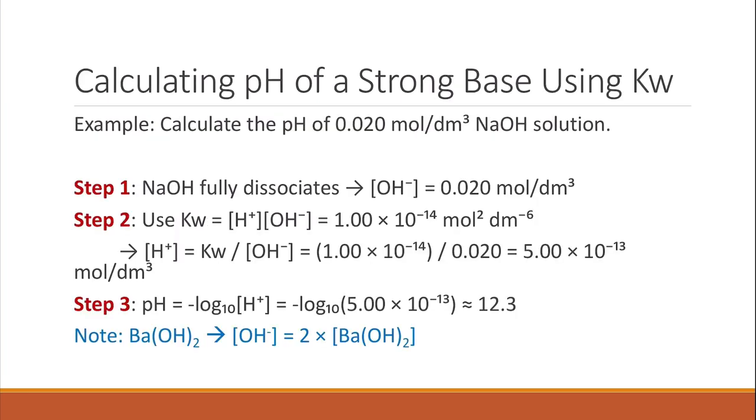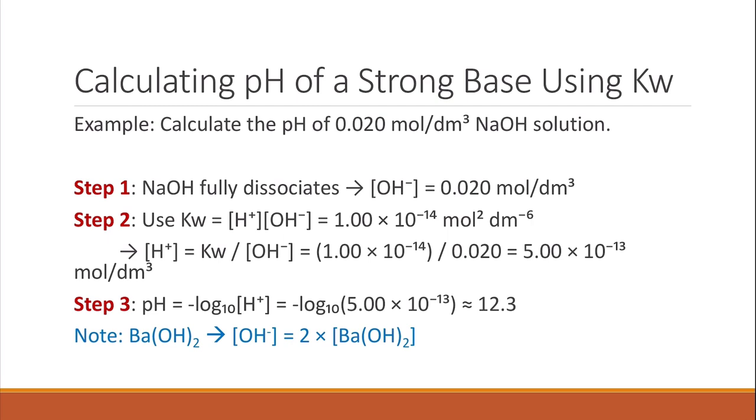We can calculate the pH of a strong base using the ionic product of water, because when you use a strong base like sodium hydroxide, it will dissociate completely in water to give you the metal and the hydroxide ion, or the cation and the hydroxide ion.